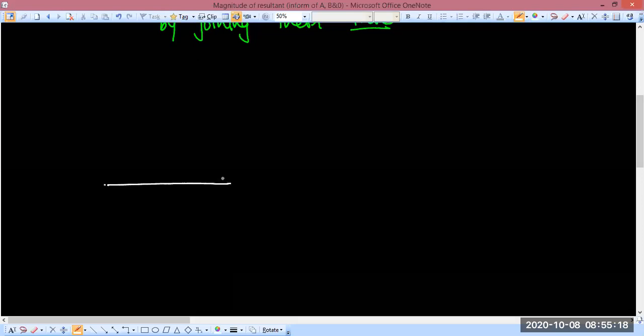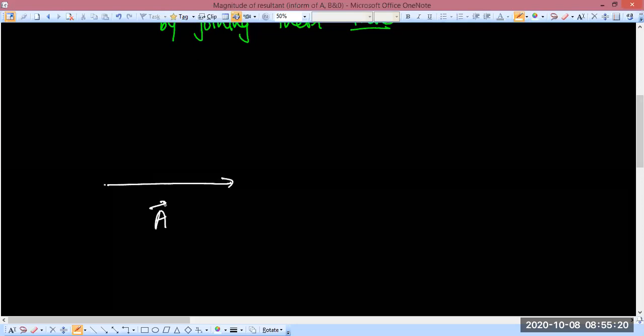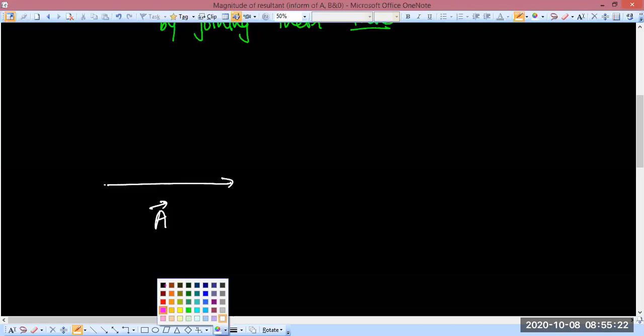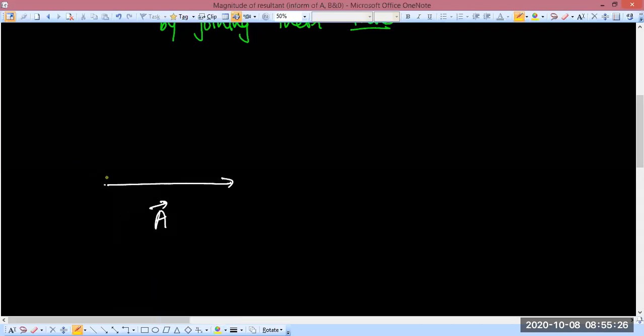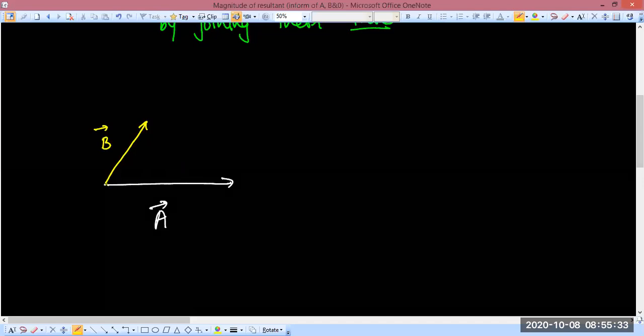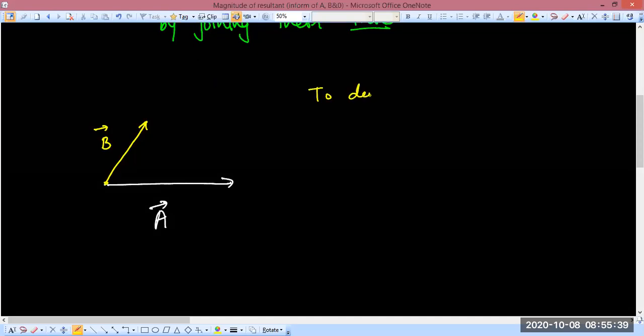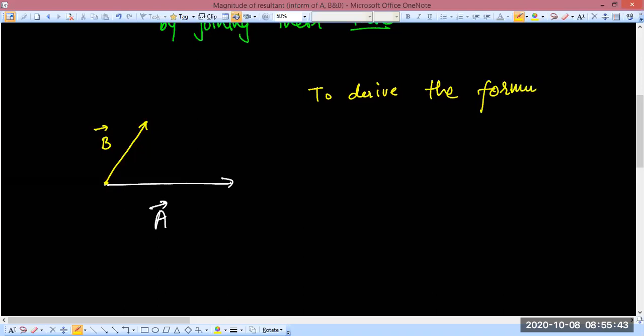So suppose that this is some vector A, and let's say that this is a vector B. Right now we are joining them by a common tail. To derive this formula, we will use the parallelogram law.